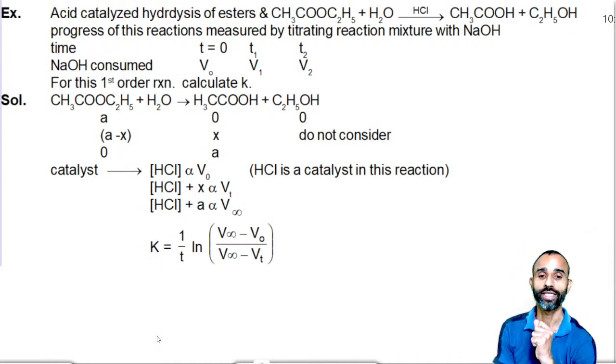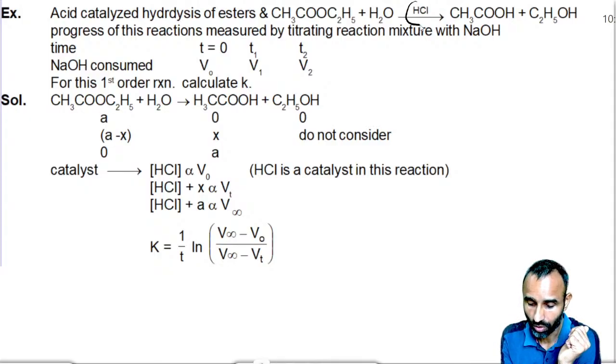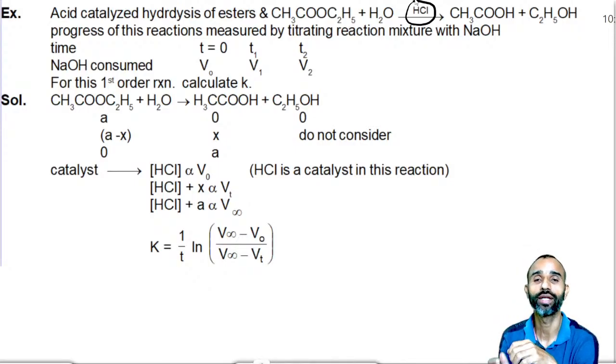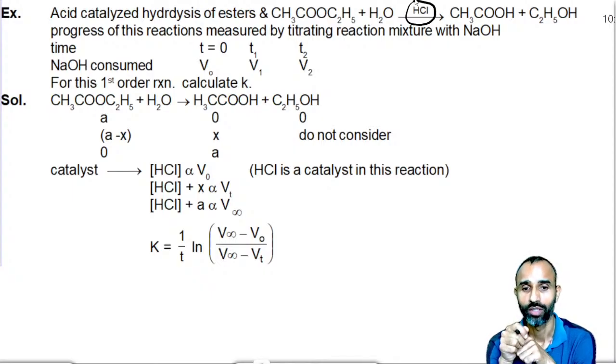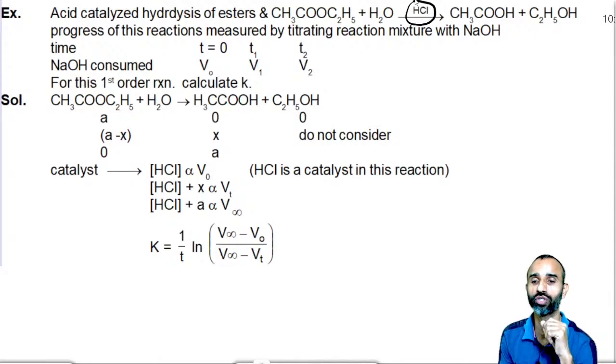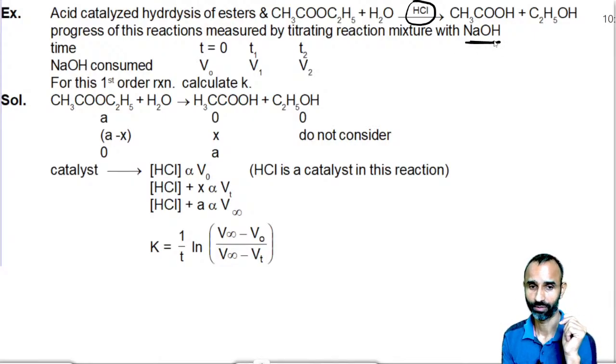Okay, acid catalyzed hydrolysis of ester, that is ethyl acetate plus H2O, in the presence of acidic medium, that is HCl, we get acetic acid and ethanol. Progress of this reaction is measured by titrating the reaction with sodium hydroxide.